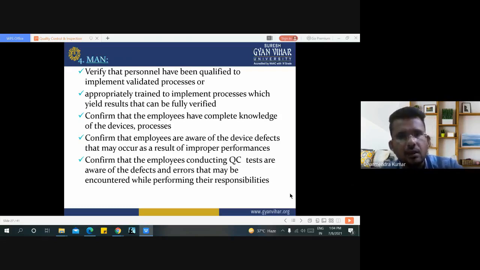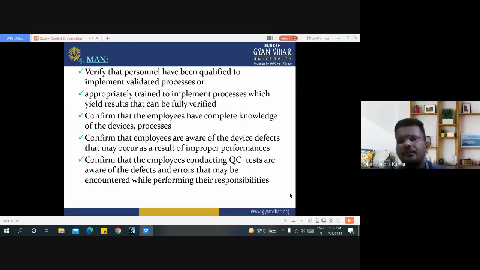The employee has complete knowledge of the devices, knowledge about the working of various components of that device, and the processes which are done by that particular machine. Confirm that employees are aware of the device defects that may occur as a result of improper performance.